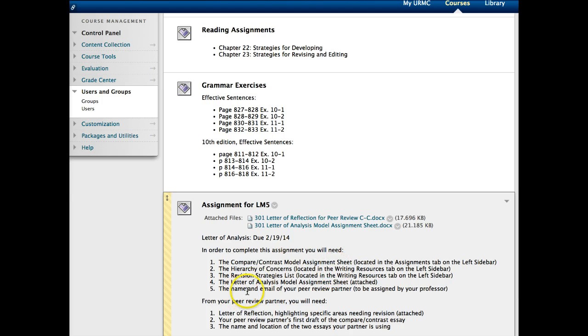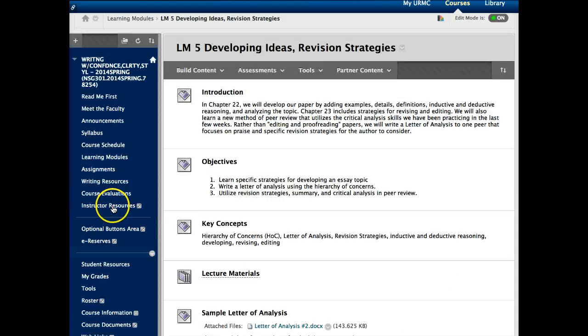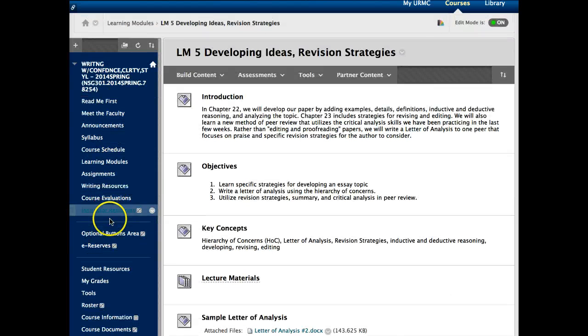And the name and email of your peer review partner, I've assigned those, so if you look on this tab over here, you should find something that says My Groups. And just click on that, and that will give you hopefully the email information for your partner.